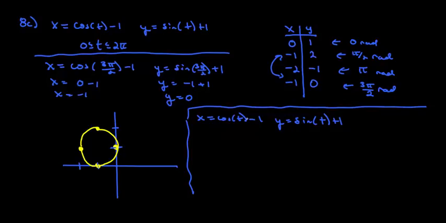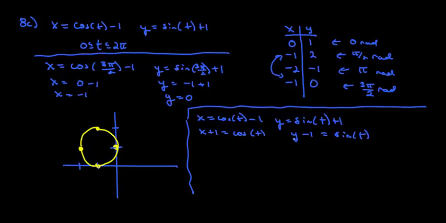Well, what I would need to do is get x in terms of sine. So we need to do something here. So maybe what I could do is move this 1 over, so I go x plus 1 is equal to the cosine of t, and y minus 1 is equal to the sine t.